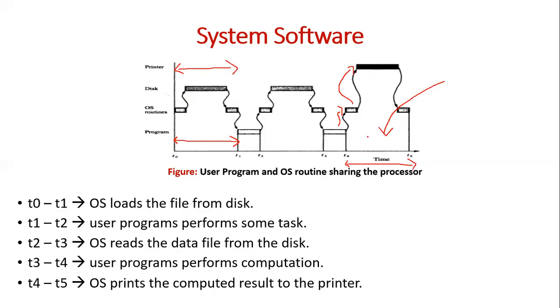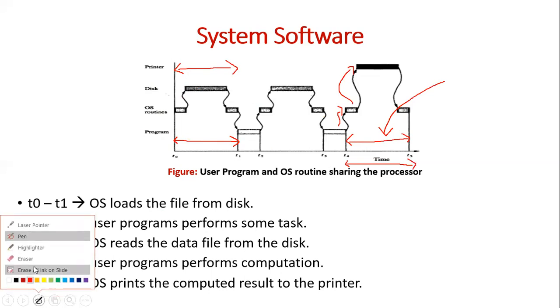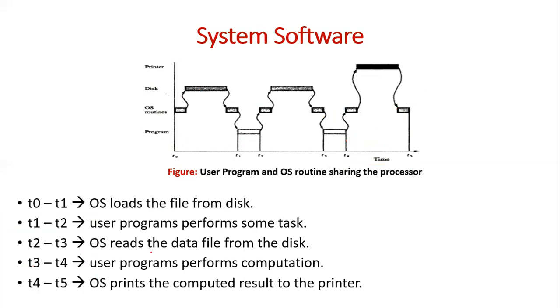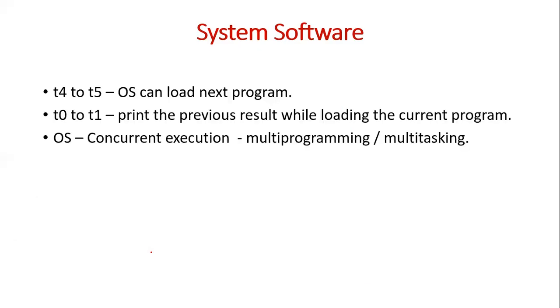Are you getting it? So during this time the next program can be loaded. Similarly, during this time, the print of the previous job can be done. Like that, multiple jobs can be done at the same time wherever possible if the processor is free.